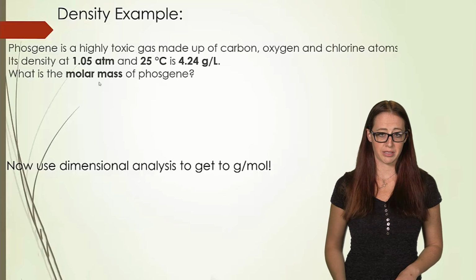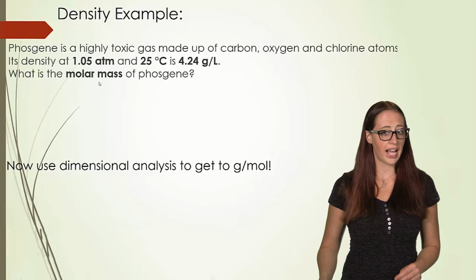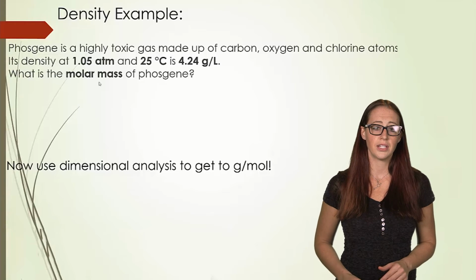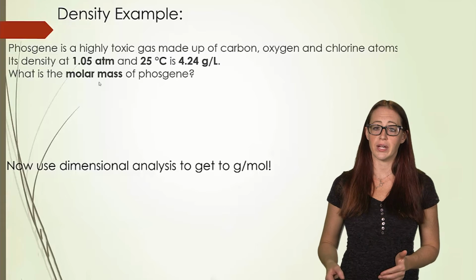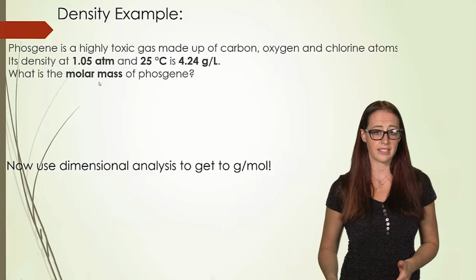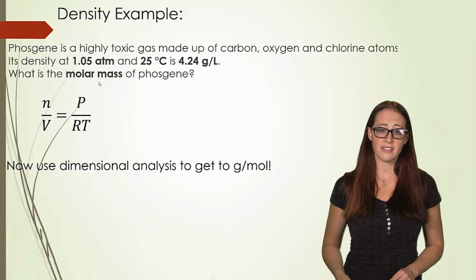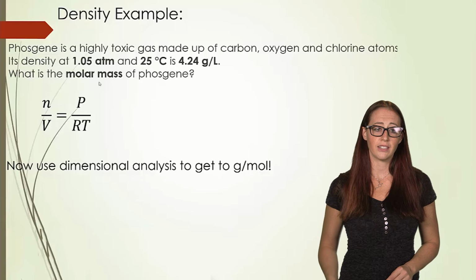Now I ask you about the molar mass. I give you the density at a particular pressure and ask you for the molar mass, which means that we are trying to get grams per mole of a substance by using the pressure and the density in grams per liter. Also remember that we can solve the ideal gas law for P over RT.